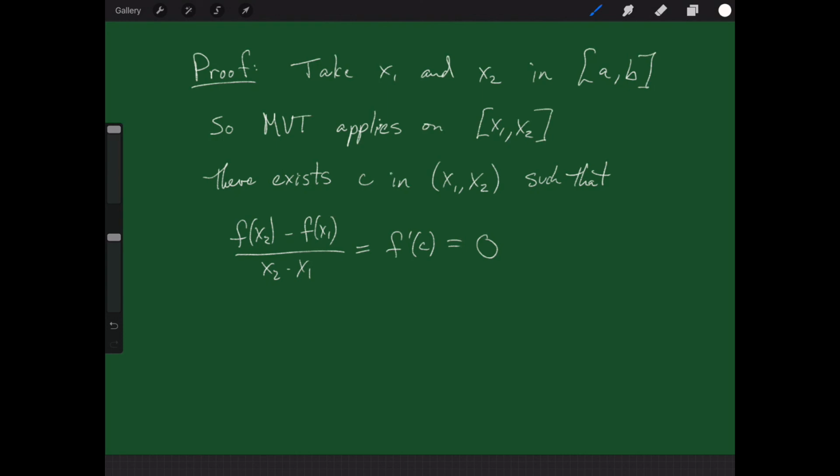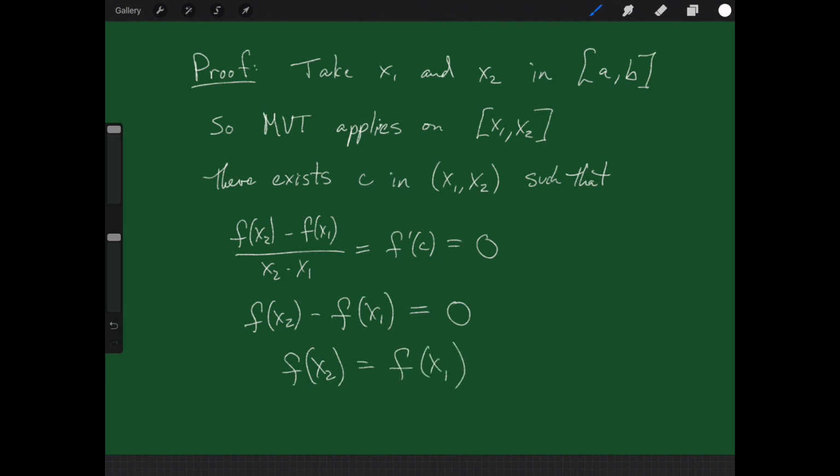So that means that the top of that fraction, let me back that up a second. f of x2 minus f of x1 must be equal to 0. But if I move the f of x1 to the other side, I get that f of x2 equals f of x1.